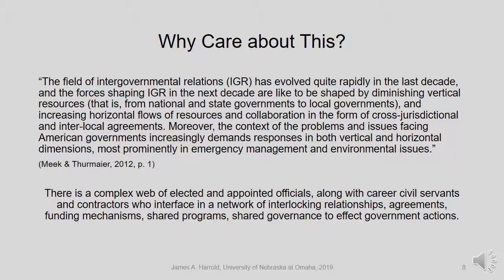But very often, it is not just a single entity of government that is doing the delivery. It is several entities, several layers of government that might be delivering the good or service, and the good or service itself might not be directly delivered by government. It might be delivered even through the for-profit sector or through a voucher or something like that. So we do have a complex web that constitutes what we call intergovernmental management.